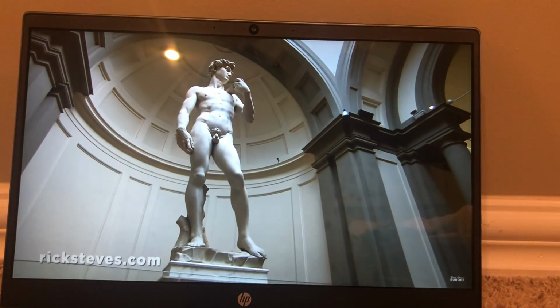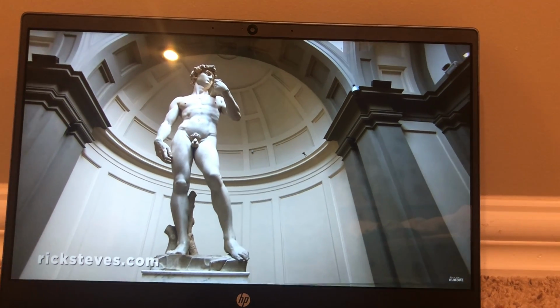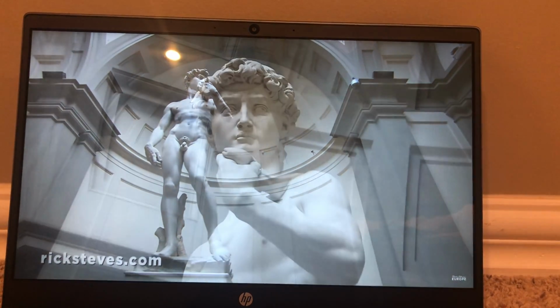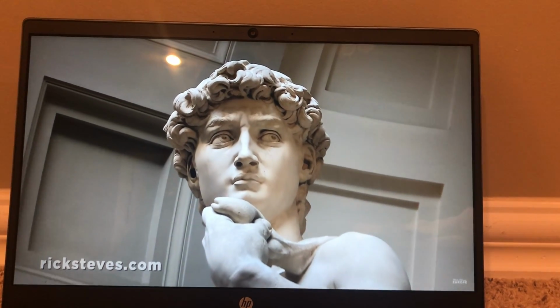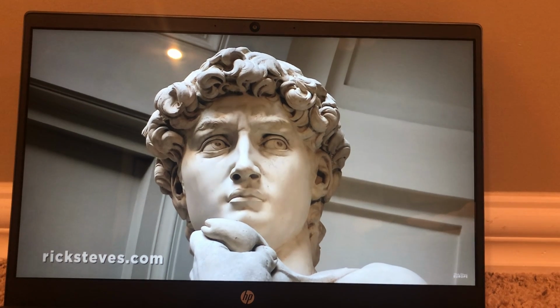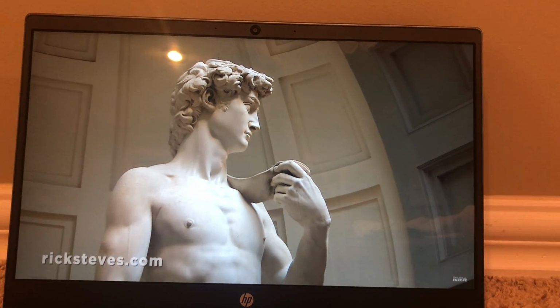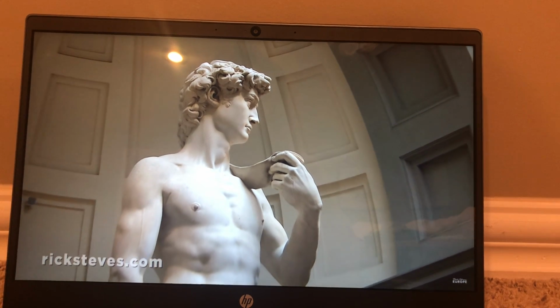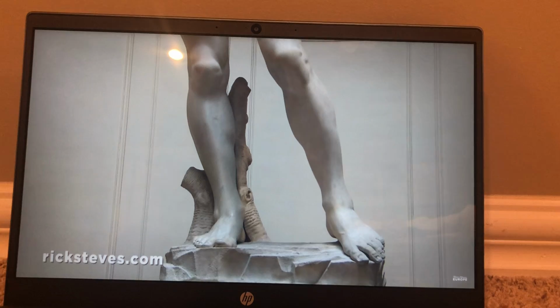At its altar, one very impressive human. The shepherd boy, David, sizes up the giant. Thoughtful and self-assured, he seems to be thinking, I can take him. The statue was an apt symbol, inspiring Florentines to tackle their Goliaths. When you look at David, you're looking at Renaissance man.